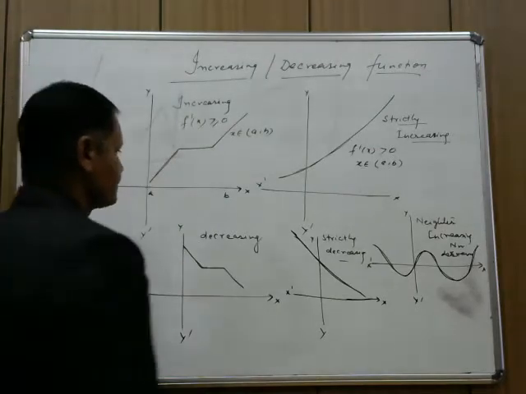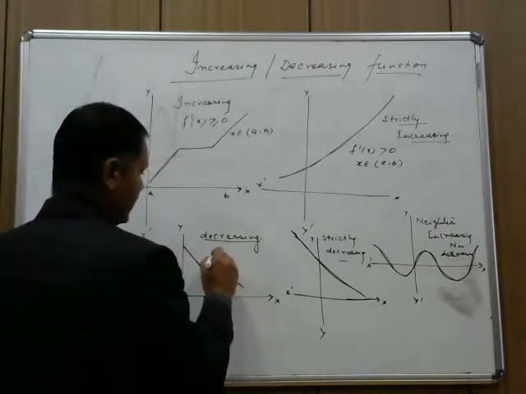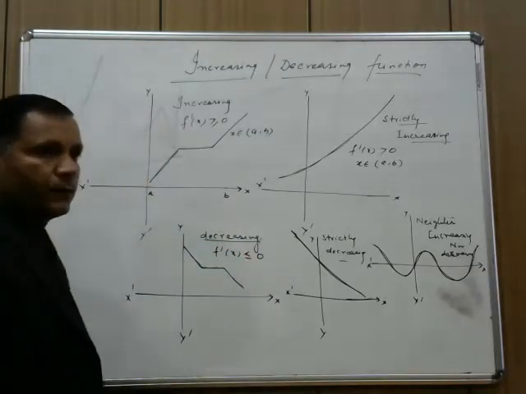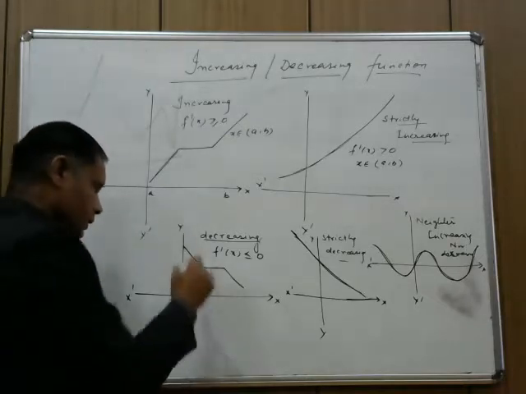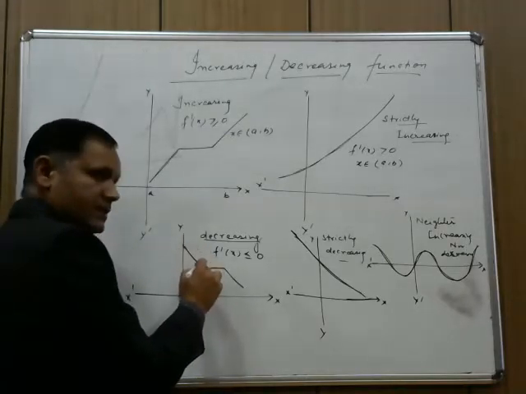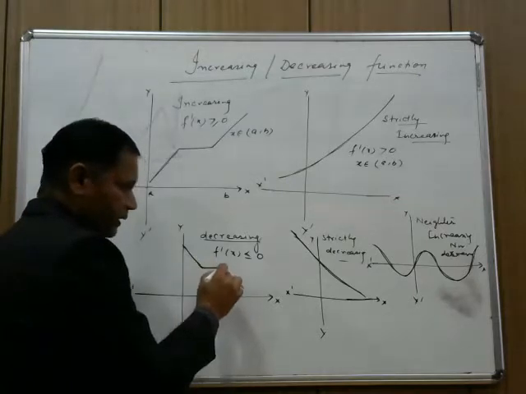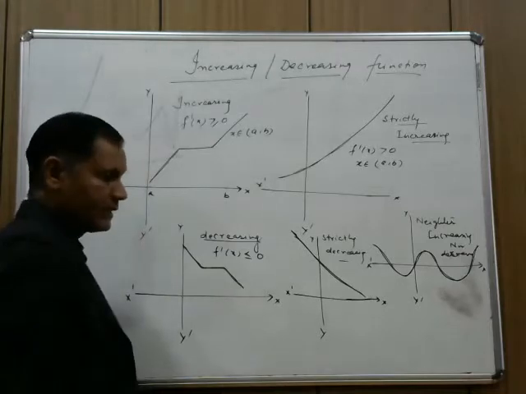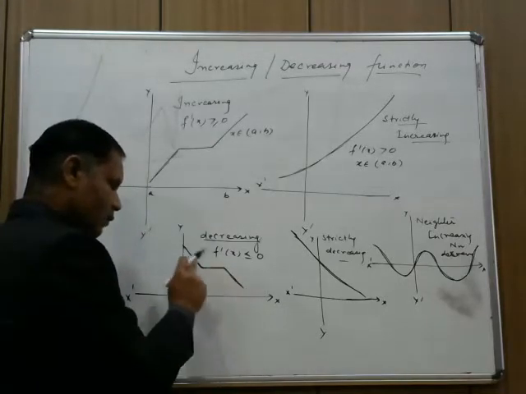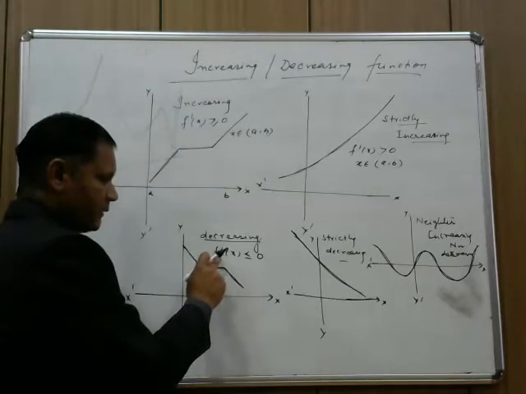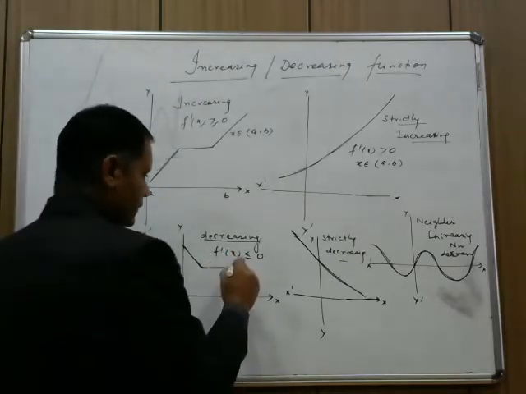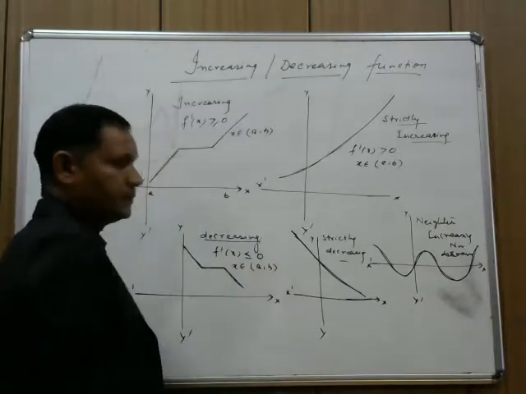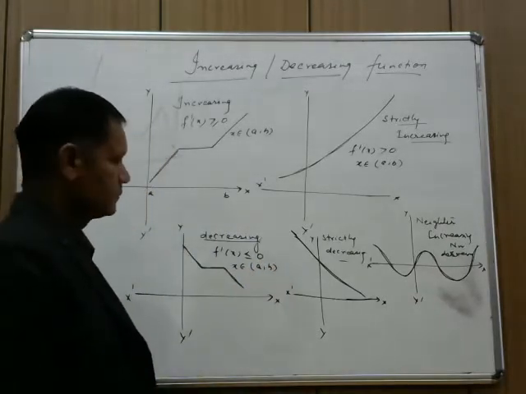For decreasing, f dash of x is less than or equal to 0, because see, at this point f dash of x is less than 0. At this point, f dash of x is equal to 0. From this point again, f dash of x is less than 0. That's why the whole condition is f dash of x is less than or equal to 0 if x belongs to the interval a comma b, right?